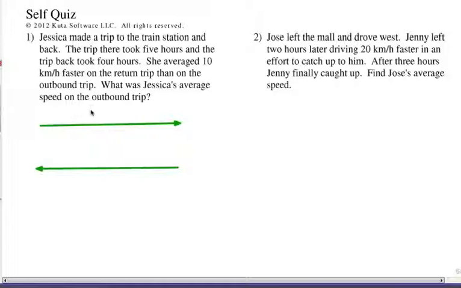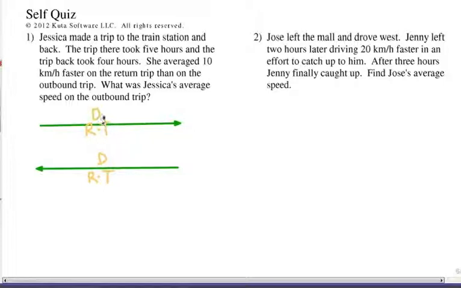Now, let's think about the distance here. This is her distance going in this direction to the train station. This is her distance going home from the train station. We also talked about how distance can be written as rate times time, so I'm going to put that in both places. Now let's fill in the information that we know.